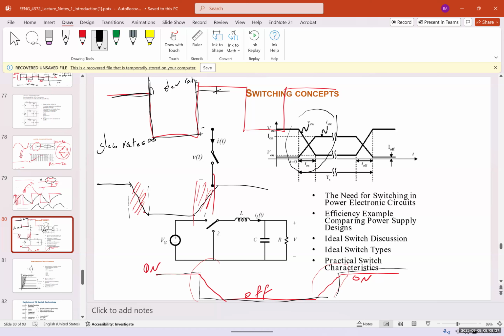And this applies to the voltage going from off to on, and for the current going from off to on as well. Can you tell me why the voltage and the current go the opposite way when I go on and off? So imagine this is our switch, and we are measuring the voltage here, and we are also measuring the current.